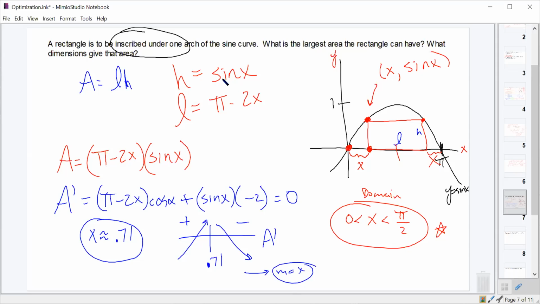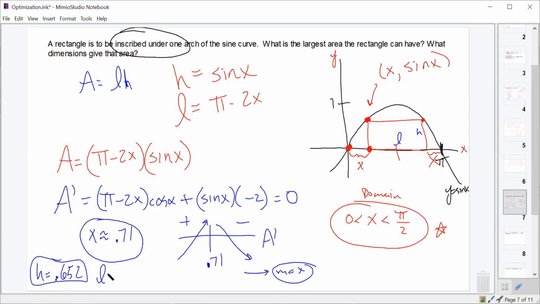If we wanted to find the height and the length of that, we would just plug 0.71 into each of these. And if we wanted to find the area, we would multiply those two things together. So what's the height? What's the sine of 0.71? How many decimals do you want? Just give me 3 for now. 0.652. All right. What about pi minus 2 times 0.71?